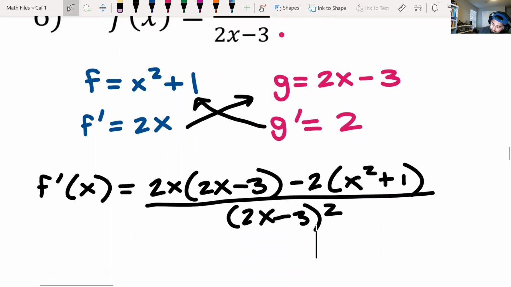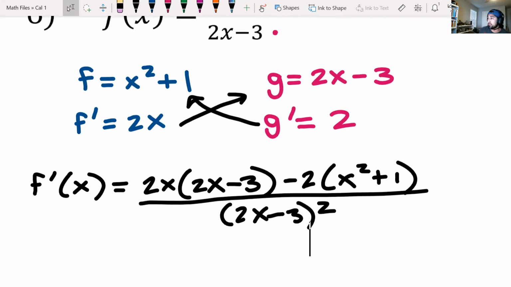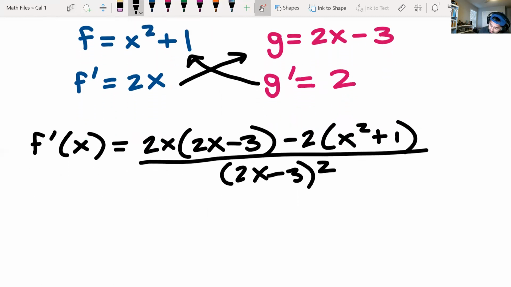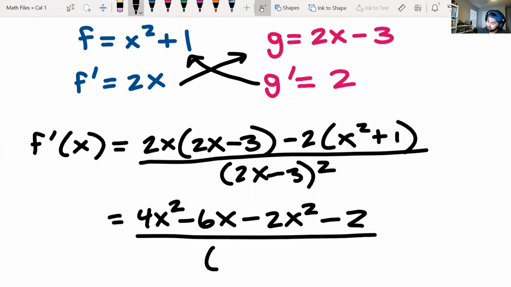All right. So once again, there's f and g, derivatives done, calculus done. The rest is cleaning up the numerator. Distribute that 2x, so 4x squared minus 6x, minus 2x squared minus 2, over the same denominator.